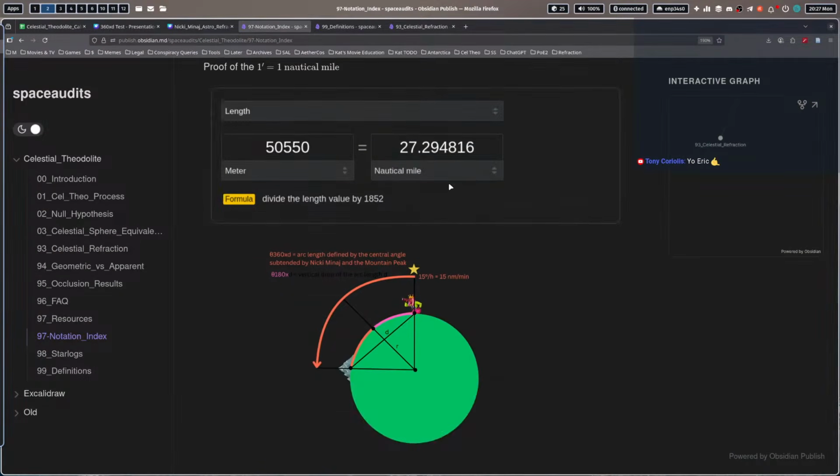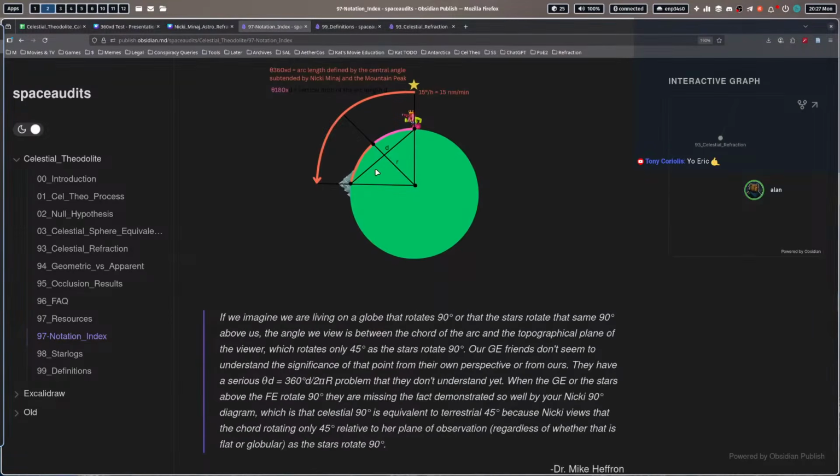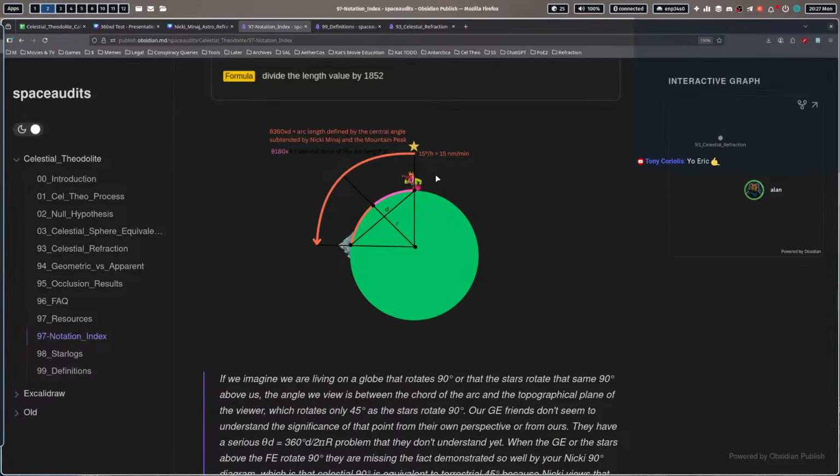Okay, in other words, when we look at this diagram here, we have Nicki Minaj. We have a star at her zenith. In order for the star to get to the mountain peak, it has to move 90 degrees in angle.